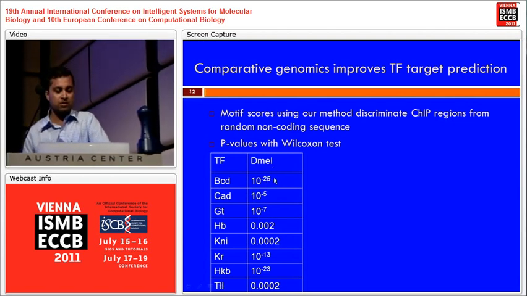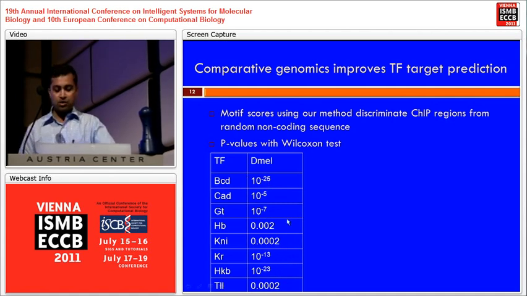So there were 8 transcription factors for which we had data at that time, and these are the p-values from a Wilcoxon test showing that in all cases the discriminative ability of the motif-based score is statistically significant, and it's clearly much more significant in some cases, such as Bicoid and Hunchback, compared to some others, such as Hunchback and Knirps.